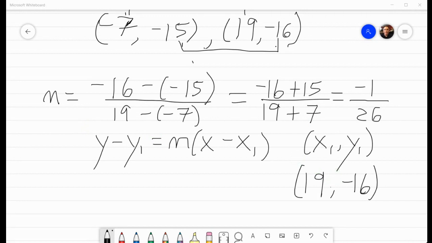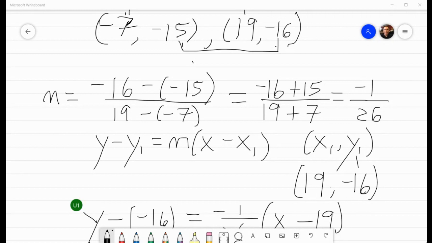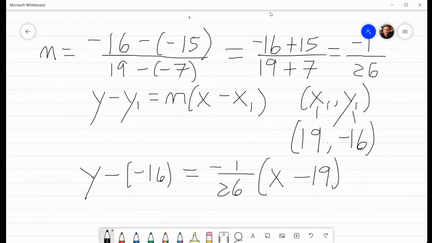For me, at least. So then we get y minus y1 is -16 equals, m we got is negative 1 over 26 times x minus 19. x sub 1 is 19. So that's what we get here.